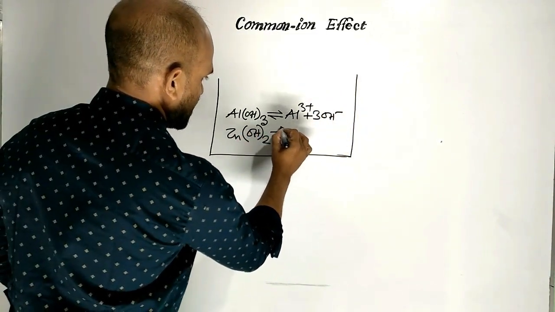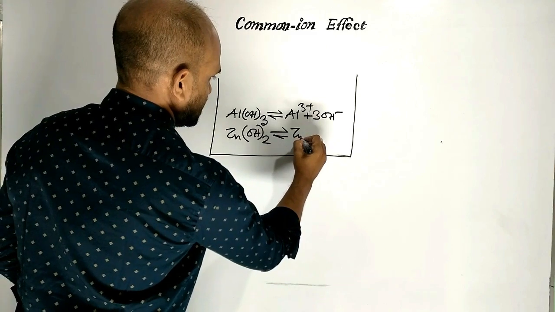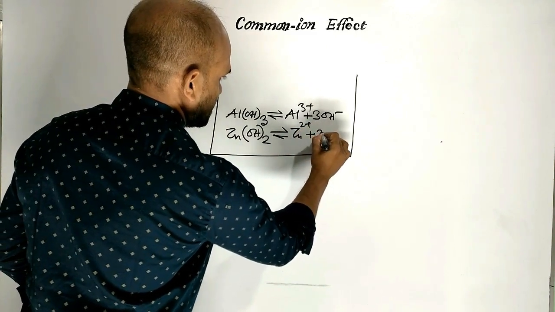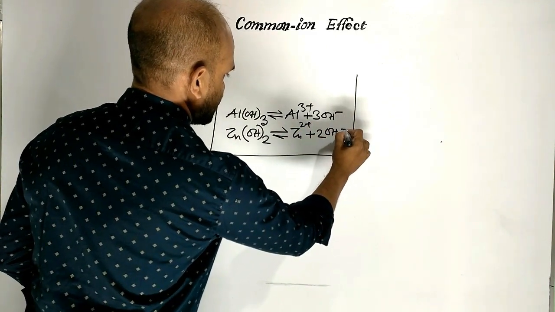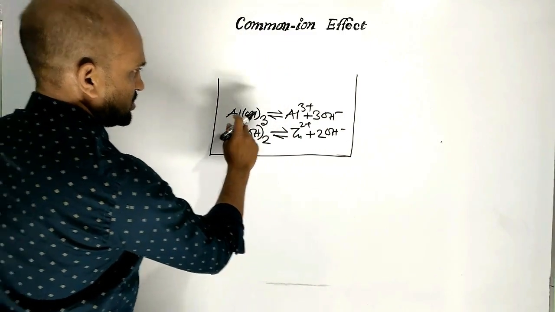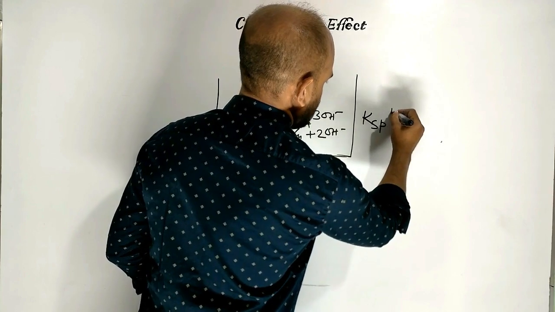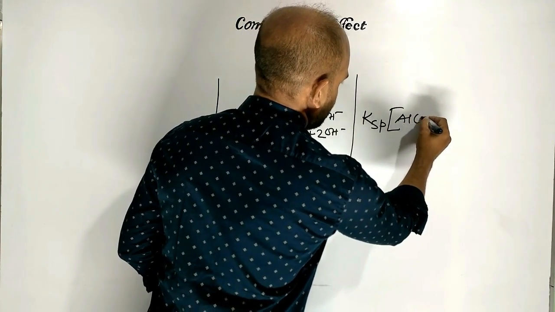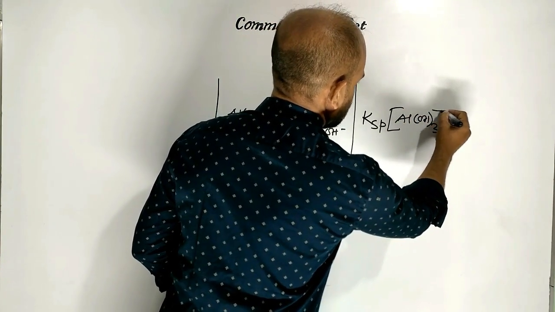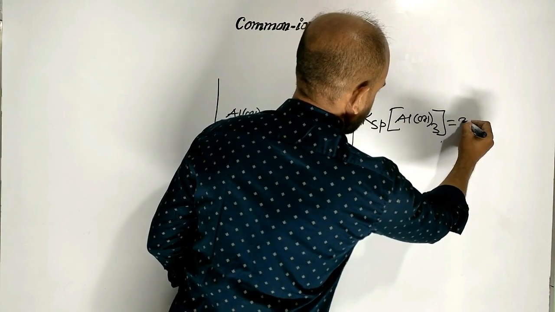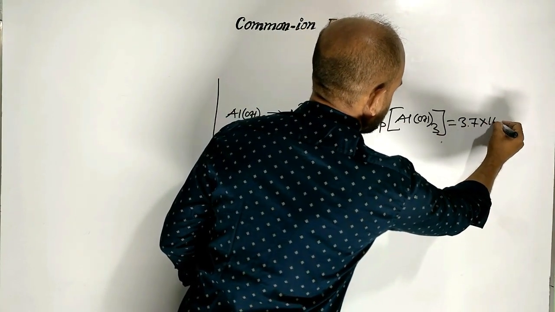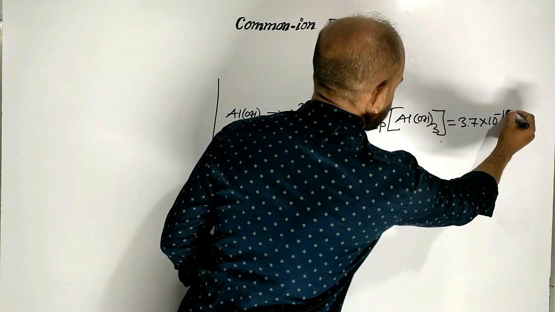Zinc hydroxide ionizes to zinc ion and hydroxide ion. Here, solubility product of aluminum hydroxide is 3.7 times 10 to the power minus 15.